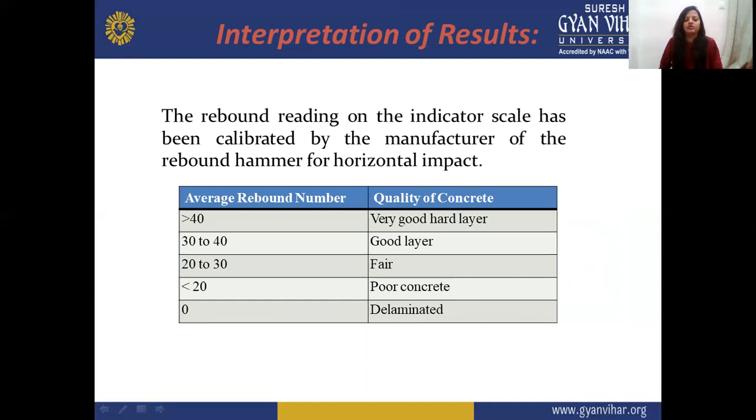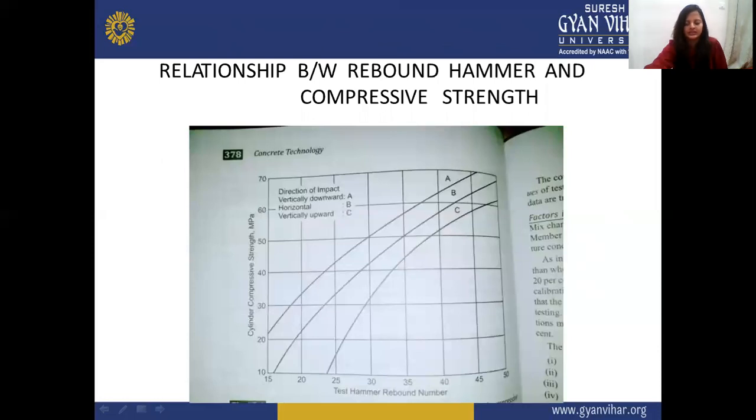If the rebound number is between 20 and 30, the quality of concrete is considered to be fairly hardened, and if it is less than 20, it is considered poor concrete. If it is zero, it is totally weak and does not have any strength, and the whole structure needs to be demolished, as it has no further compressive strength. It is in its plastic state.